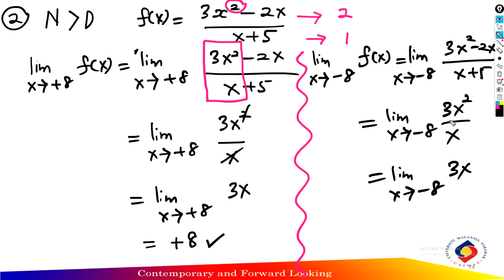The highest degree of the numerator here is 3x squared, and of the denominator it is x. So find the limit as x approaches negative infinity of 3x squared over x, and then you cancel, which equals the limit of 3x as x approaches negative infinity, and then you substitute negative infinity into the function. So the answer here equals negative infinity. So the limit of f(x) as x approaches negative infinity equals negative infinity.